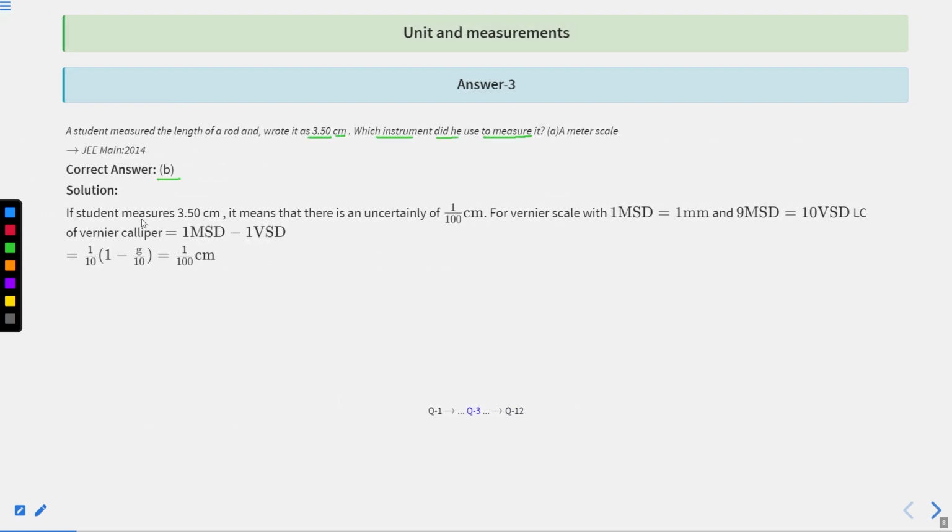The solution is, if the student measures 3.5 centimeter, it means that there is an uncertainty of 1 divided by 100 centimeter. For vernier scale, 1 MSD equals 1 mm and 9 MSD equals 10 VSD. So least count of vernier caliper is 1 MSD minus 1 VSD. So after calculation, it becomes this. Clear?